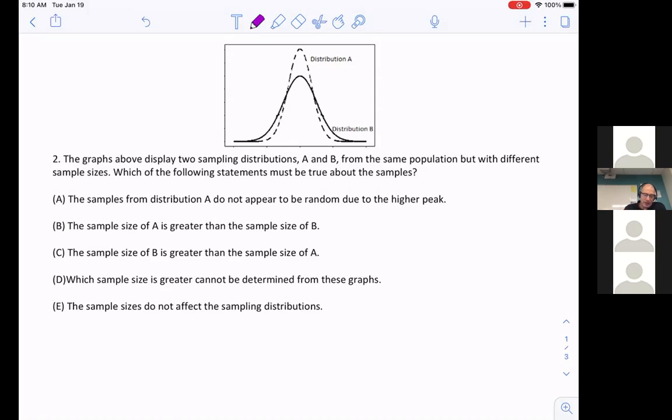All right, the samples from distribution A do not appear to be random. The peak of that has nothing to do with random, so we'll strike out A.